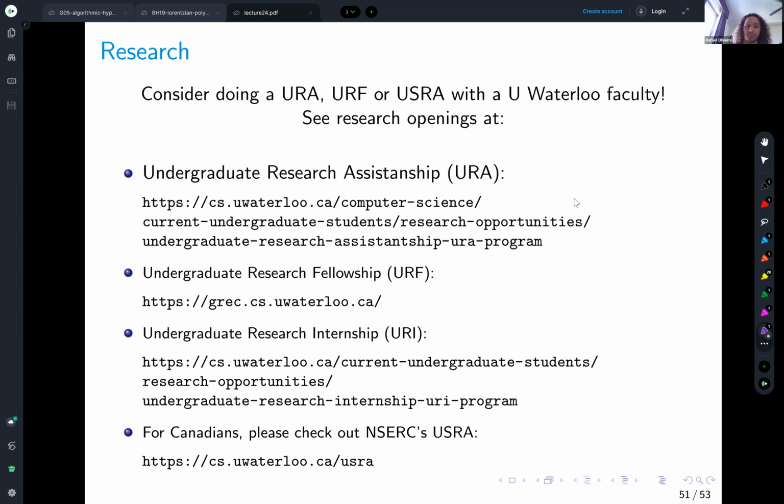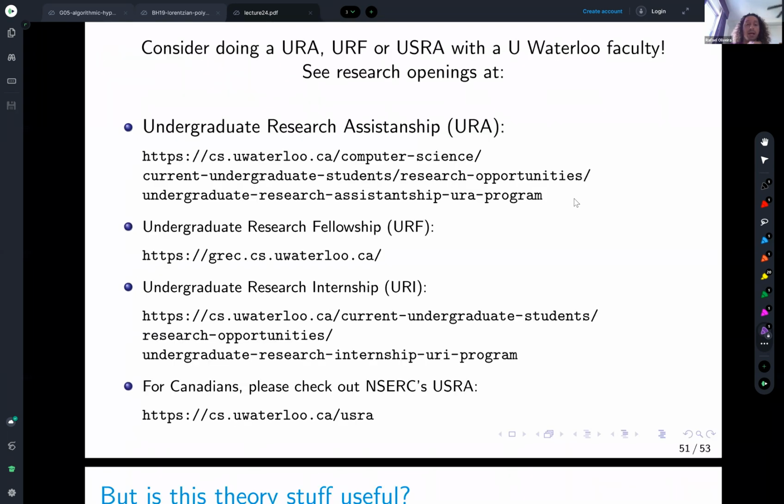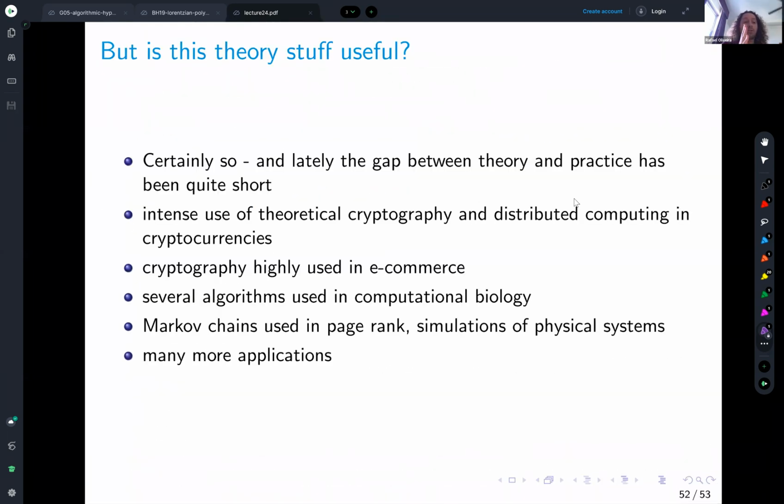And now I want to talk about a little bit of philosophy in the end, since this is the conclusion class. You may wonder, well, I learned a lot of theory, I did a lot of hard math, these exercises were really hard, and all this theory stuff is okay, but is it really useful?